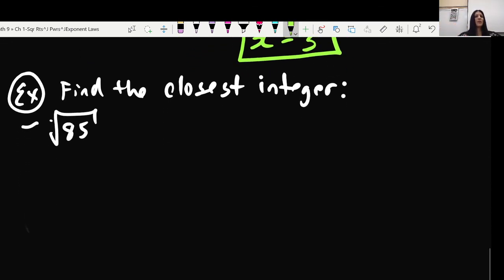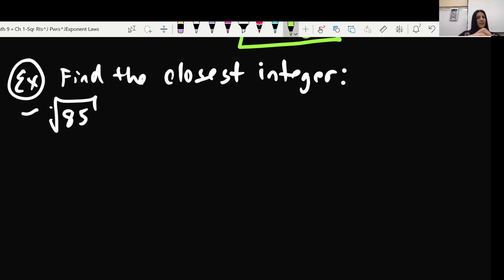So this is just like what we did in the last few examples, except there's a negative sign out front. So I'm going to leave that off to the side. I'm going to do this, and I'm going to say, I know my answer is going to be negative. So I deal with the root sign without the negative there.